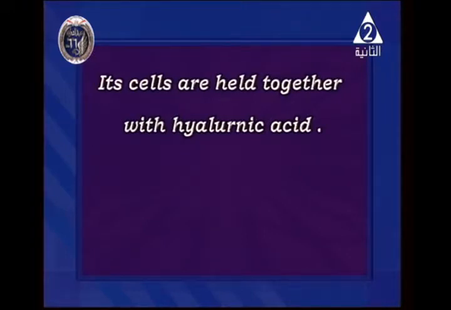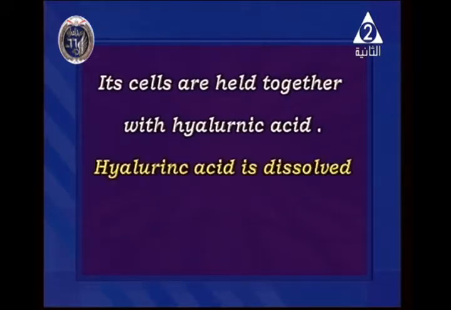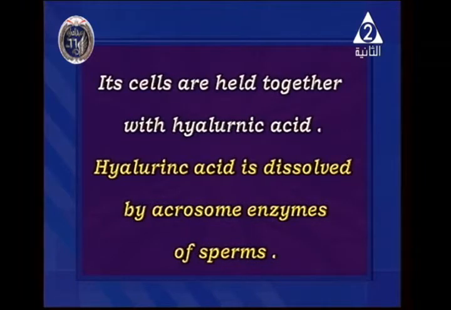The cells are held together with hyaluronic acid. Remember that we said that in the case of sperms, the acrosome contains something called hyaluronic enzymes. Okay? Remember this information. The cells here are held together with hyaluronic acid. Hyaluronic acid is dissolved by what?